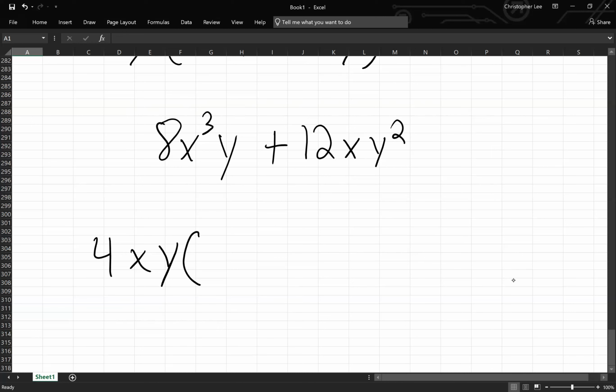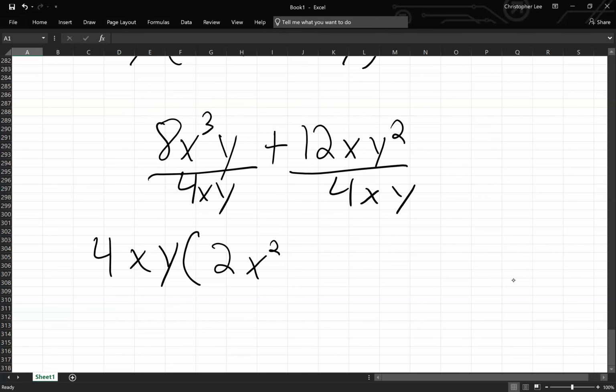And remember, it's like you're dividing by 4xy. If you're dividing by 4xy, that's 2x, good, plus 3, what?